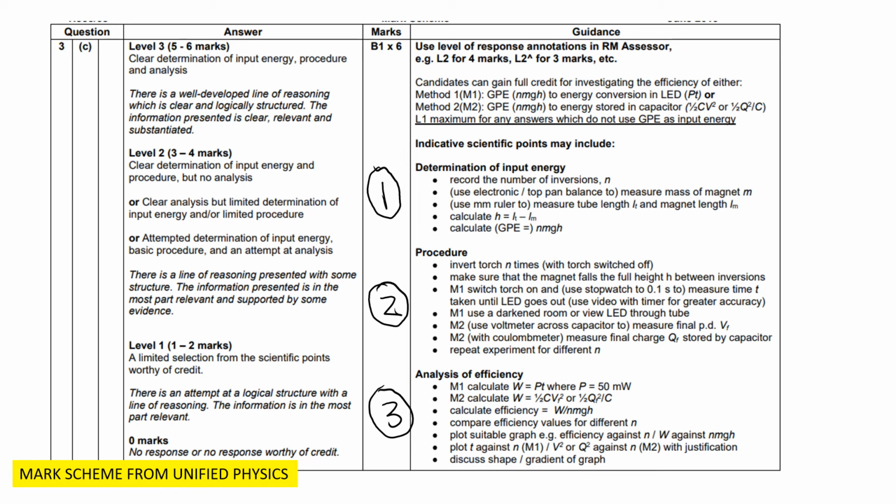And then to get a straight line, you need to put the independent variable on the x-axis, put the dependent variable on the y-axis, put the equation in terms of the independent variable, and then whatever the gradient is, that will be the coefficient in the equation. And then it says the last part, discuss the shape of the graph, discuss the gradients of the graph.